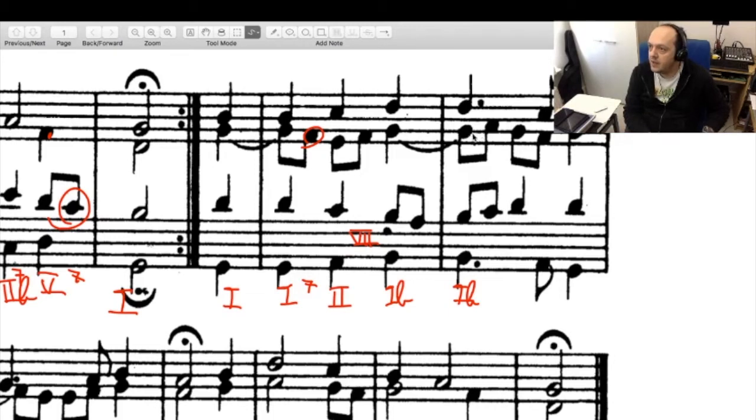Okay, what do I have here? I have an upper auxiliary, and this appears to be a passing note. Does anything happen at that point? Does that result in some kind of harmony that I could analyze? Let's see. I'm coming from... no, so not really.